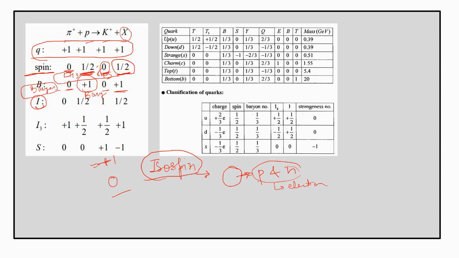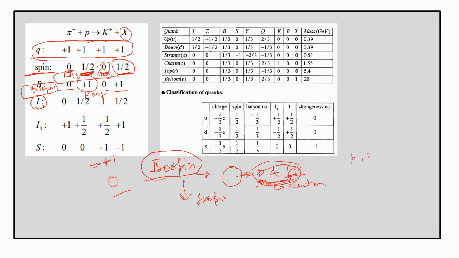How will you distinguish between proton and neutron? Because proton and neutron have almost the same mass. So nucleons like proton and neutron, or any other multiplet, can be differentiated by this quantity which is known as isospin.